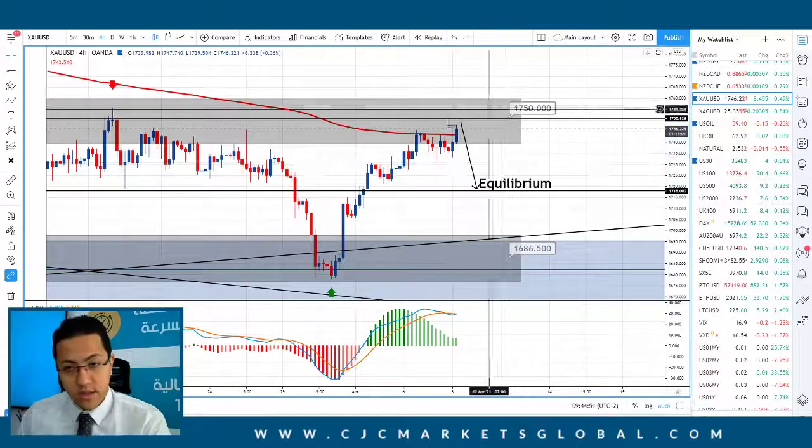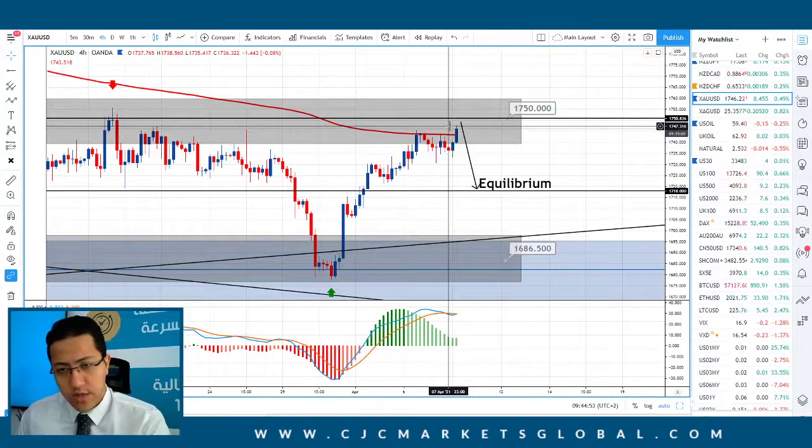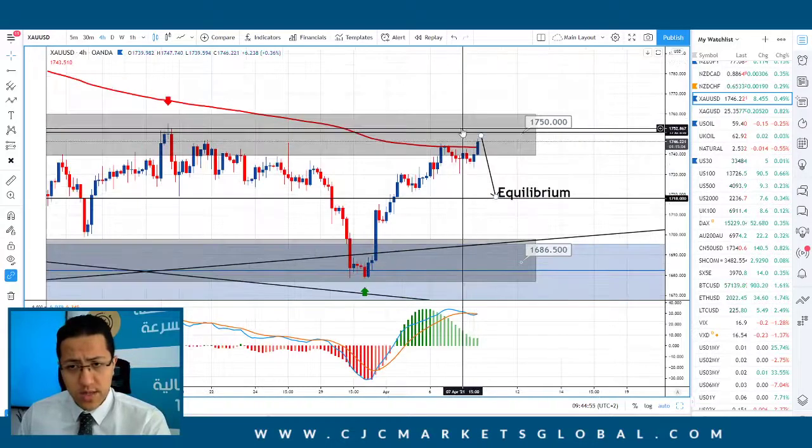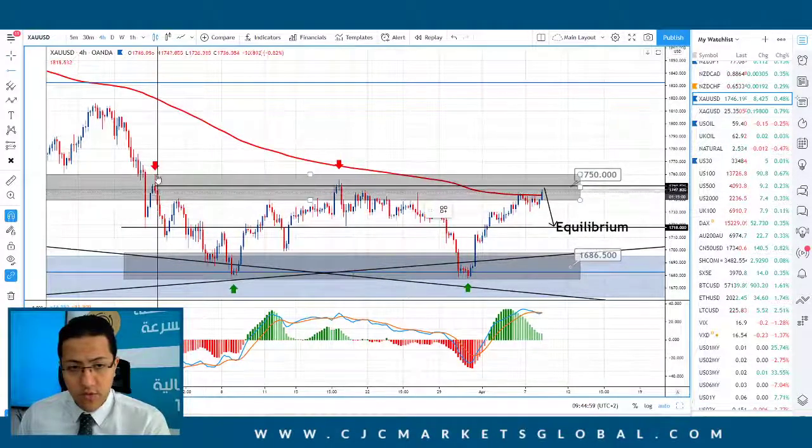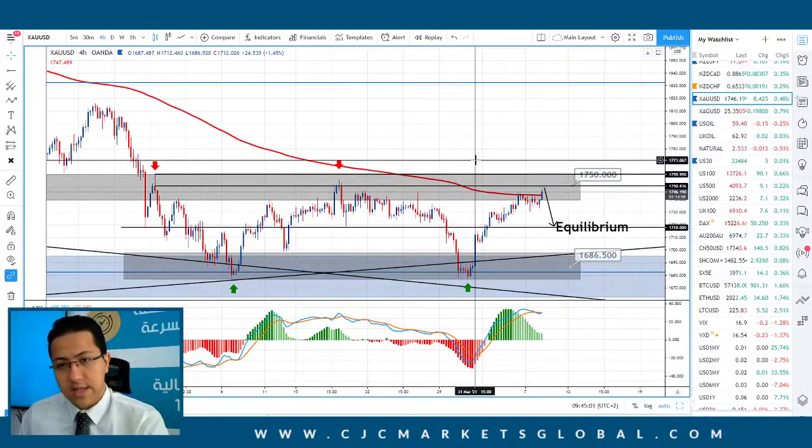So we will be waiting for this downward move on gold prices, as long as we're trading just below the 1760. Any upward breakout of the highest level of 1760, we will be targeting more upward movements to the upside.